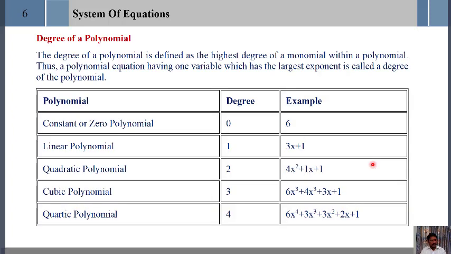Next, degree of polynomial. What is a degree of polynomial? Degree of polynomial is defined as the highest degree of the monomial within a polynomial. Thus, a polynomial equation having one or more variables. Suppose the polynomial equation having one variable, the largest exponent is called the degree of the polynomial.